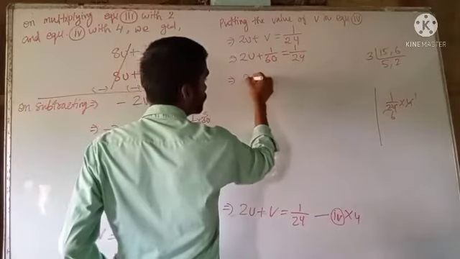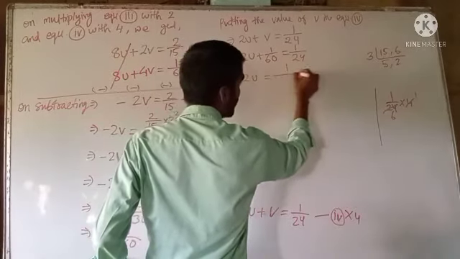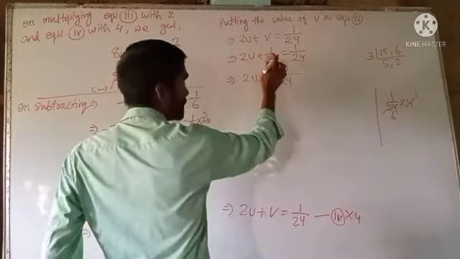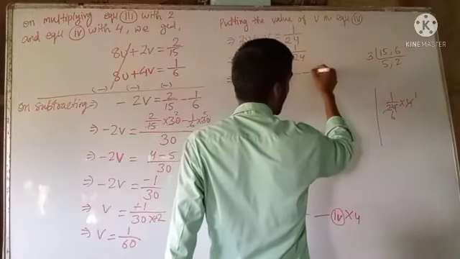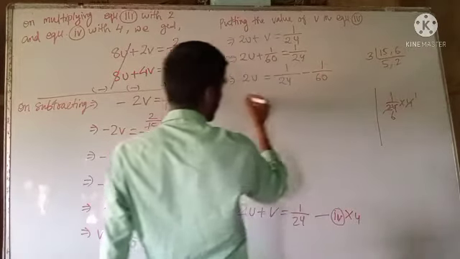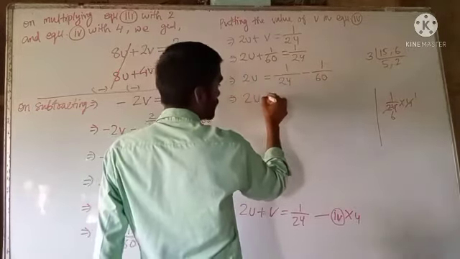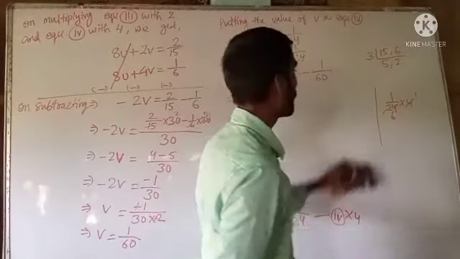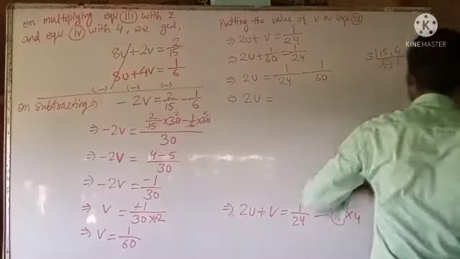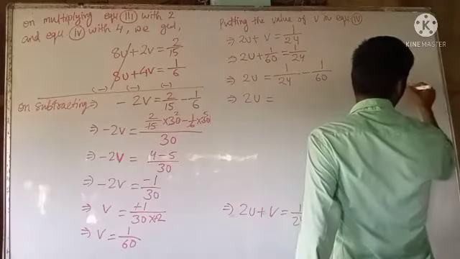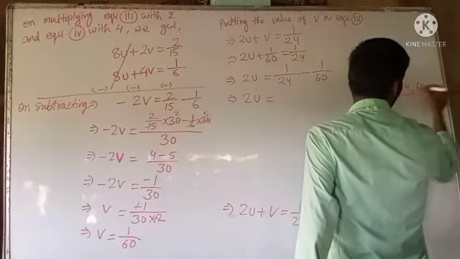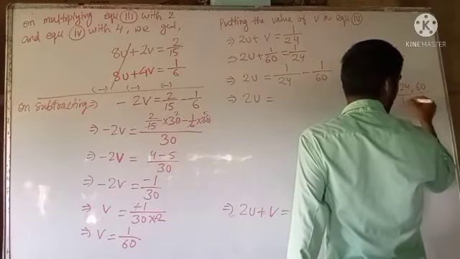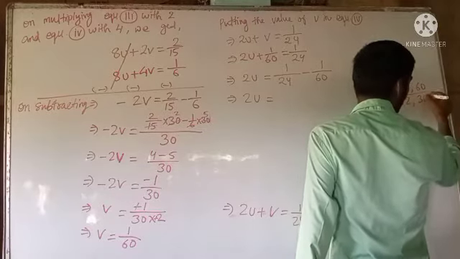Then 2u is equal to 1 by 24 plus 1 by 60. When we are transferring, it will change into minus 1 by 60. Now 2u is equal to, we'll take the LCM here, so we'll find the LCM of 24 and 60. Divided by 2, 2 1s are 2, 2 2s are 2, 2 3s are 0 here.